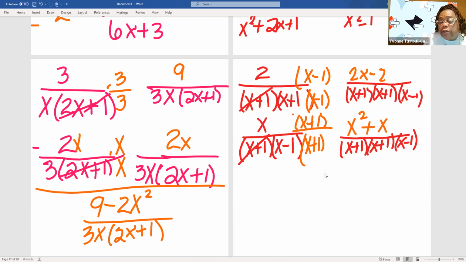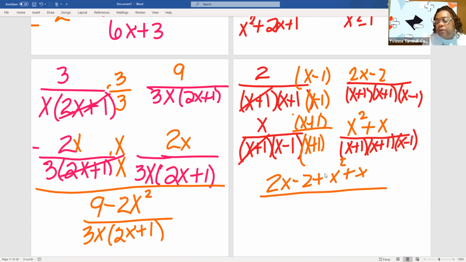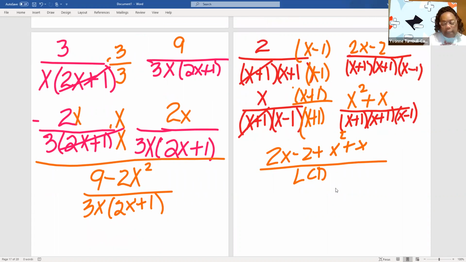So we're going to put our numerators together. That's 2x minus 2 plus x squared plus x, all over my LCD. Right now, I'm going to just write the word LCD until I combine. I'll combine like terms. I can combine 2x and x, which gives me 3x.